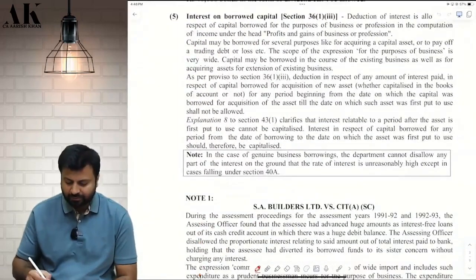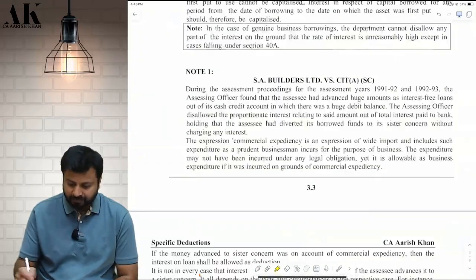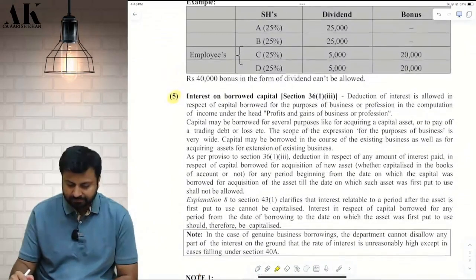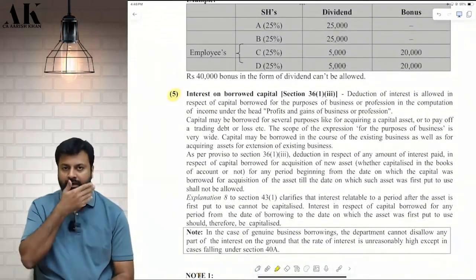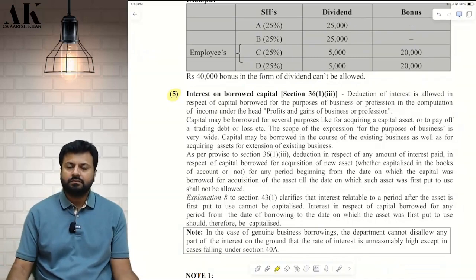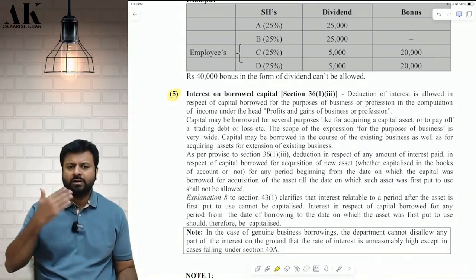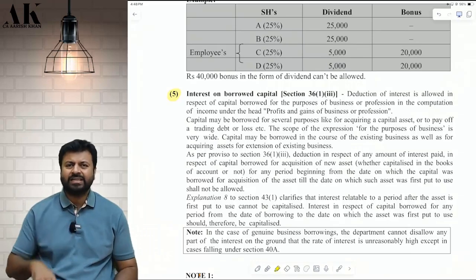Pay attention to the board please. This is your section, on page number 3.3. To claim deduction under section 36(1)(iii), you have to do a few very simple things. You have to take a loan, you have to use that loan for the purpose of business and profession. That's it. And you have to pay interest.